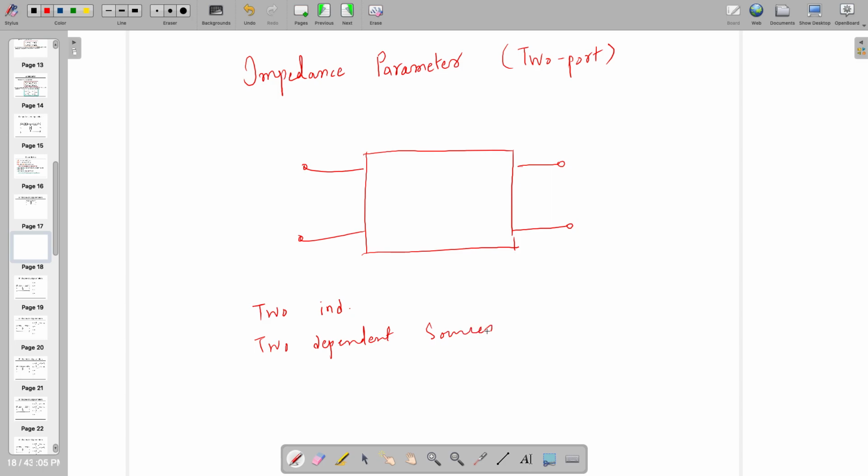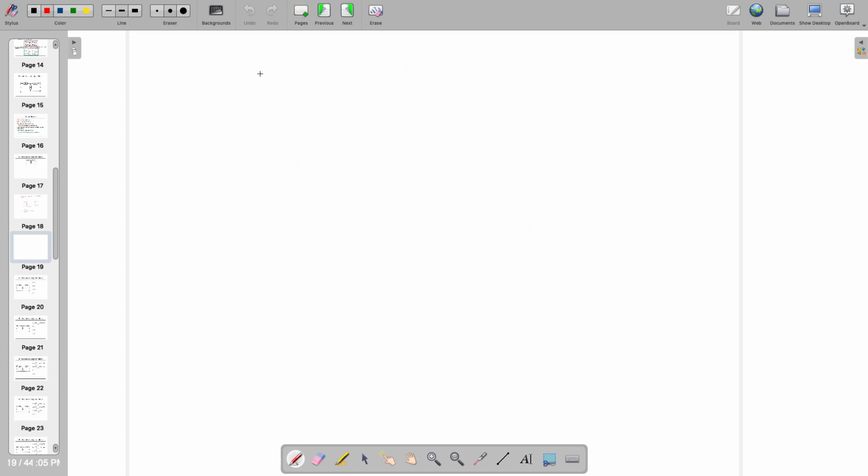So when you are writing the impedance parameters or the Z parameters, V1 is equal to Z11 times I1 plus Z12 times I2. V2 is equal to Z21 times I1 plus Z22 times I2, right?